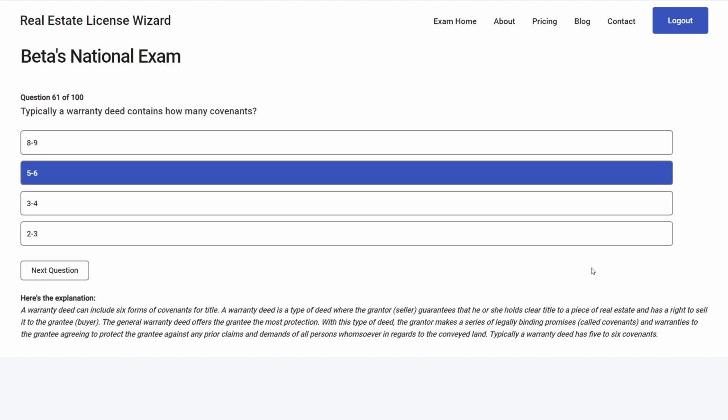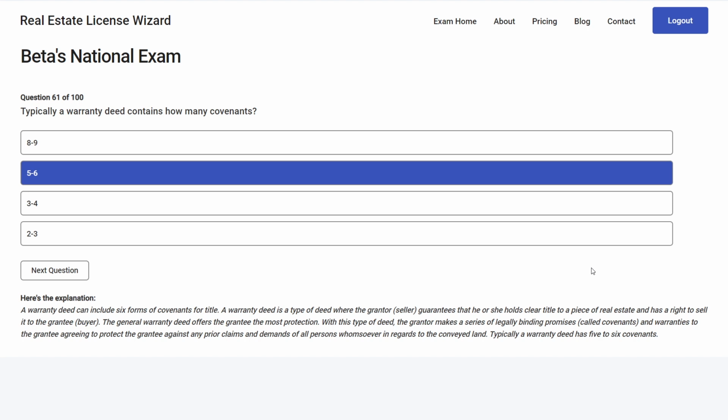All right. So pretty much, if you guys didn't know what a covenant is, actually, I don't know if I want to say that because it might come up with a question later. But I'll just mention it. Don't listen if you don't want the spoiler. But a warranty deed can include 6 forms of covenants of title, and basically these 6 covenants are 6 promises. So it's a legally binding promise, which is called a covenant, and it warranties to the grantee, agreeing to protect the grantee against prior claims and demands of all persons, whomsoever, in regards to the conveyed land.